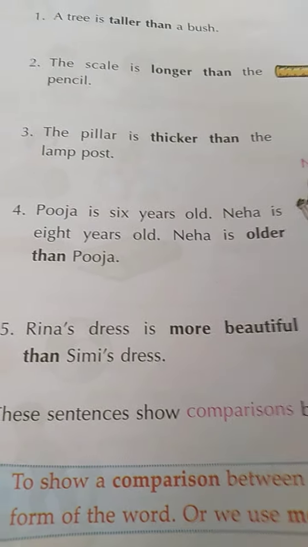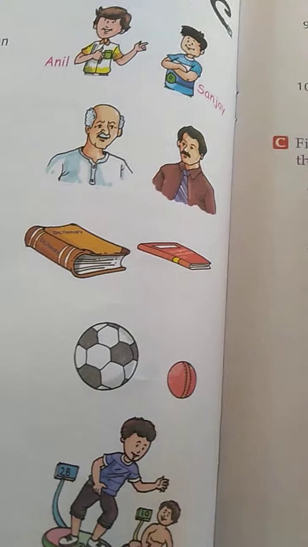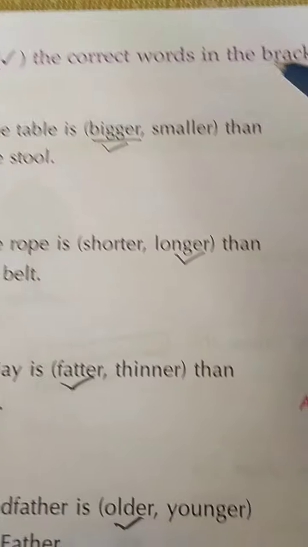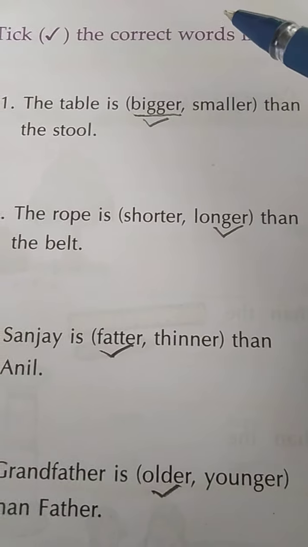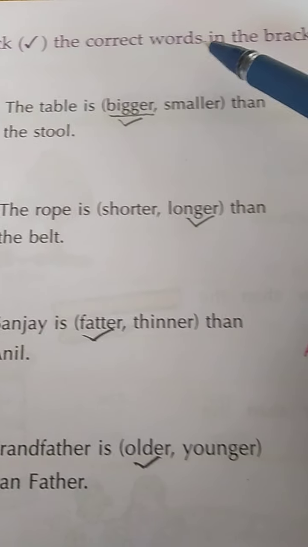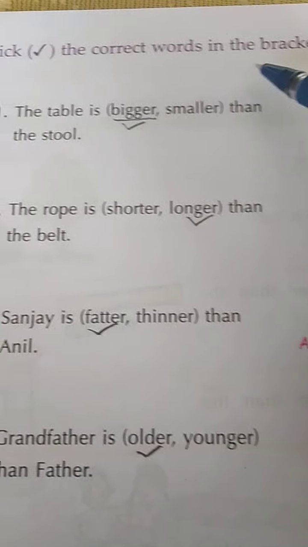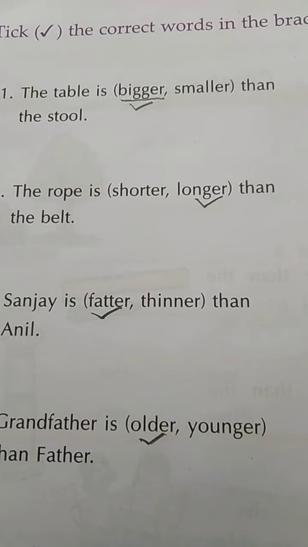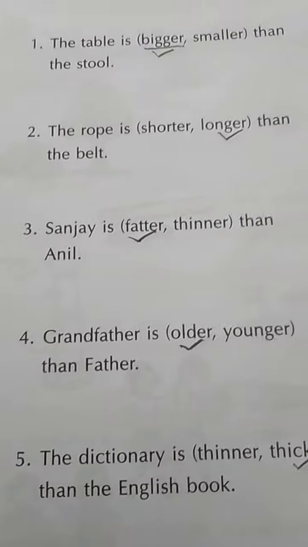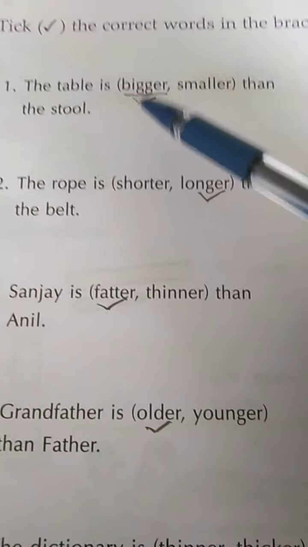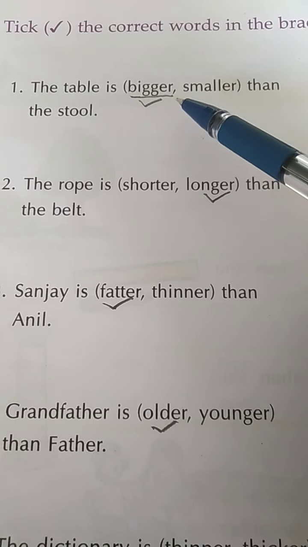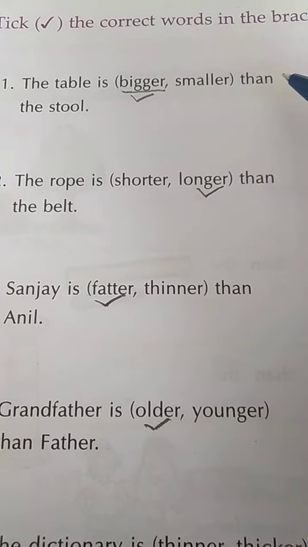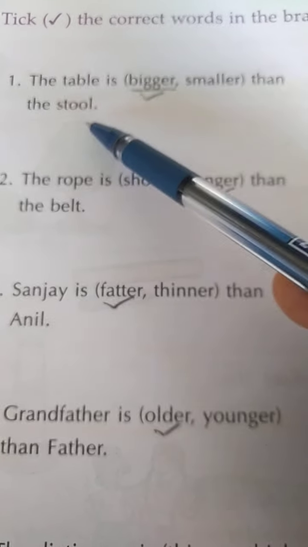Okay, next, here some exercises are given. See here, take the correct words from the brackets. In the brackets some words are given, and the question is: the table is dash than the stool.